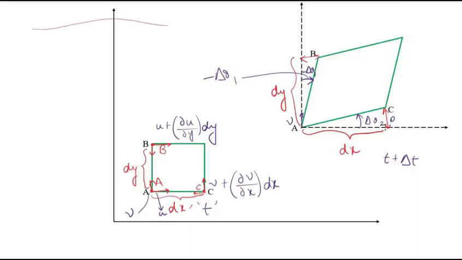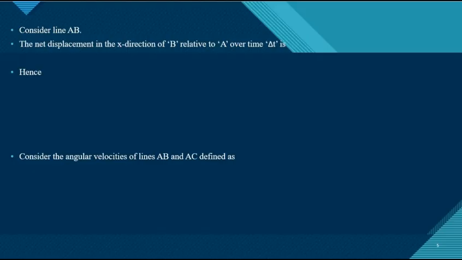Now let us consider the line AB. So point B is at a distance dy from point A. As said, the x component of velocity at point A is u. So what would be the component of velocity at B in x direction?